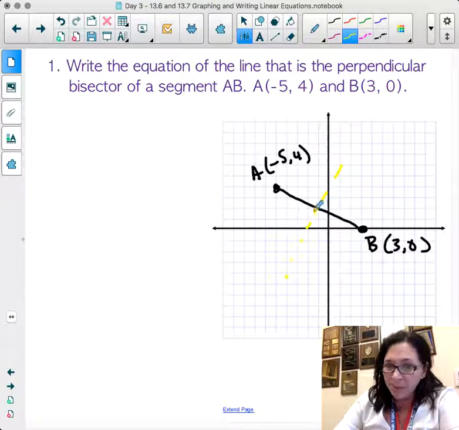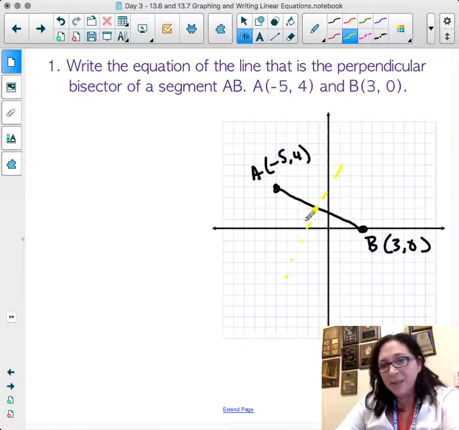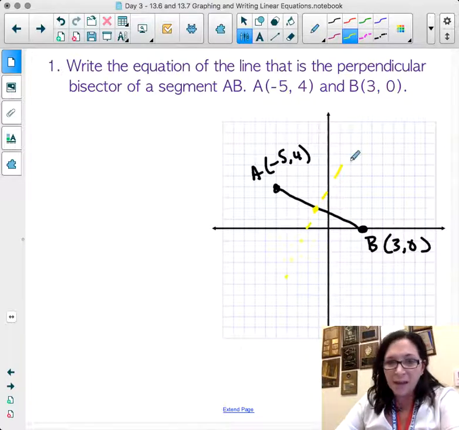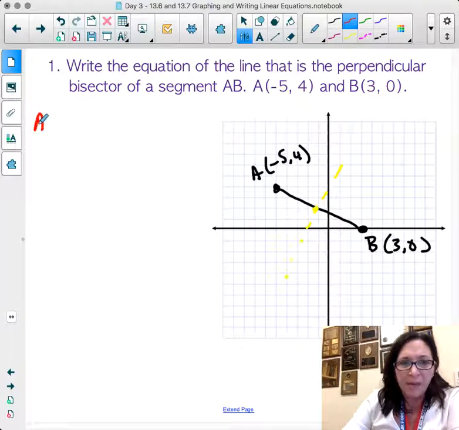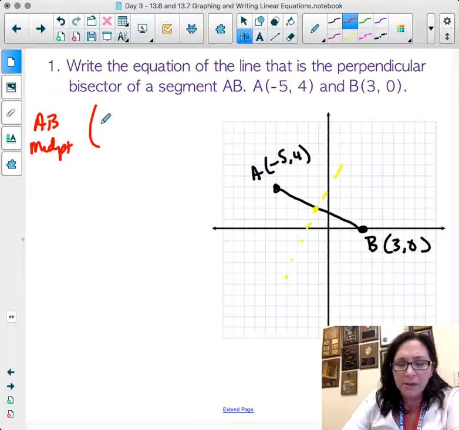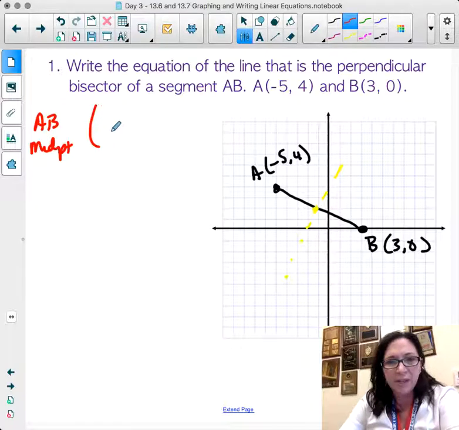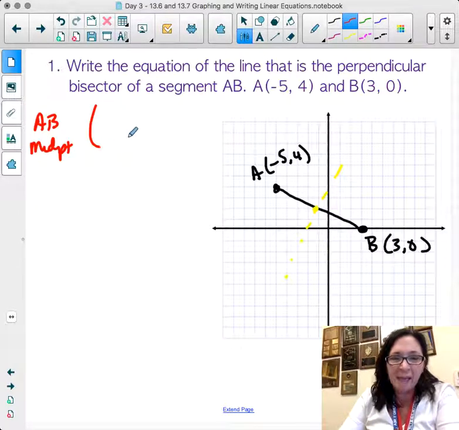So I need the midpoint. At first I'm going to look for the midpoint, and secondly, I'm going to look for the slope. So first, let's find the midpoint of AB. To find the midpoint, it's the average of the x's and y's: add the x's, divide by 2.